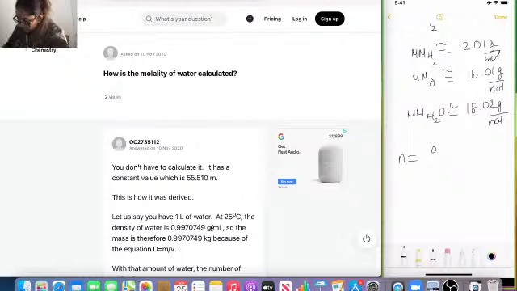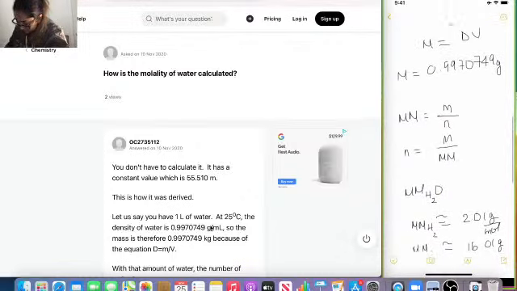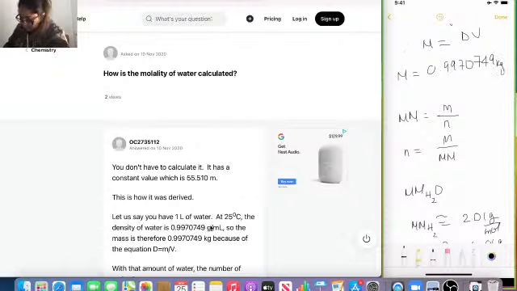And so if we convert this, sorry, this is kilograms. If we want to convert this into grams, because we're dealing with grams per mole, we need to convert this into grams.